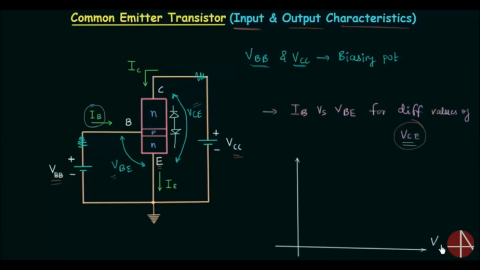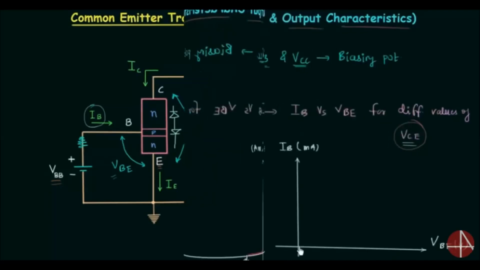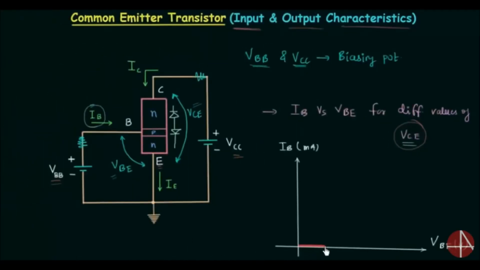The x-axis is for VBE, this is in volts, and the y-axis is for IB, the input current, this is in milliamps. And you already know how the forward characteristics of the diode look. Initially the current is 0 when VBE, the forward biasing potential, is very small.